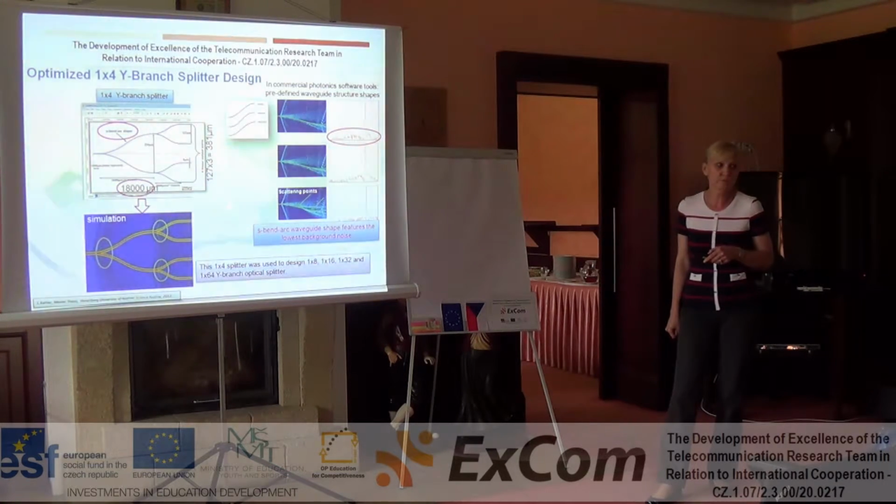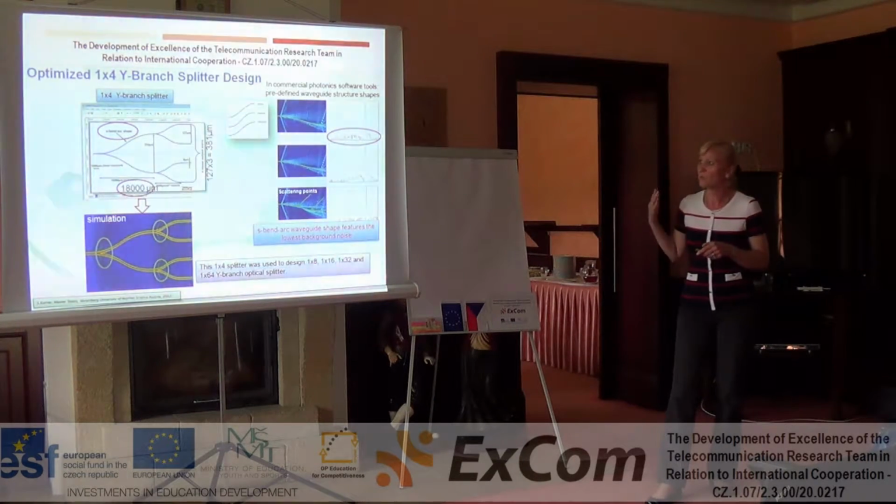The width of this splitter is constant. I mean, you cannot play much with it, you don't have much freedom because the pitch between 2 waveguides is 127 microns, times 3 because you have 3 spaces between 4 waveguides, so it is 341 microns. The length was optimized.